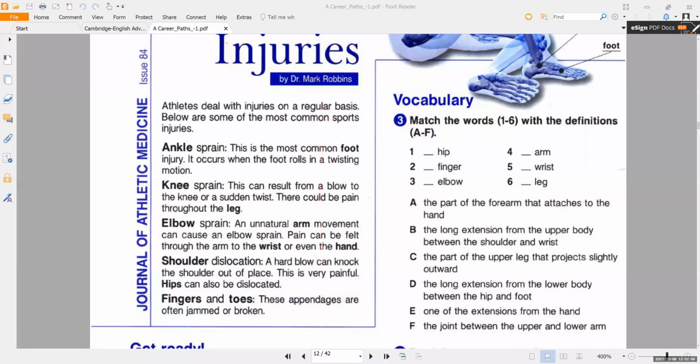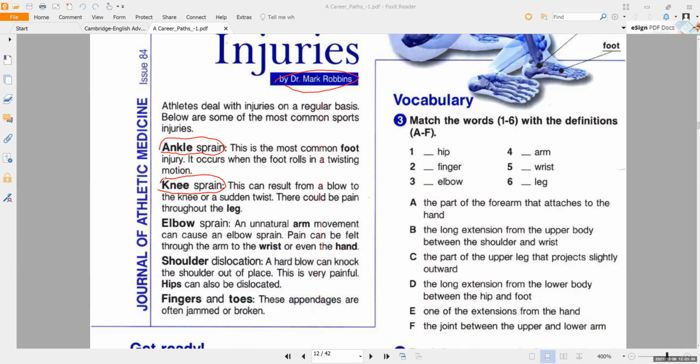Unit 4, Parts of the Body 1. Exercise 5, page 11. Journal of Athletic Medicine, Issue 84. Common Sports Injuries, by Dr. Mark Robbins. Athletes deal with injuries on a regular basis. Below are some of the most common sports injuries. Ankle sprain. This is the most common foot injury. It occurs when the foot rolls in a twisting motion. Knee sprain.